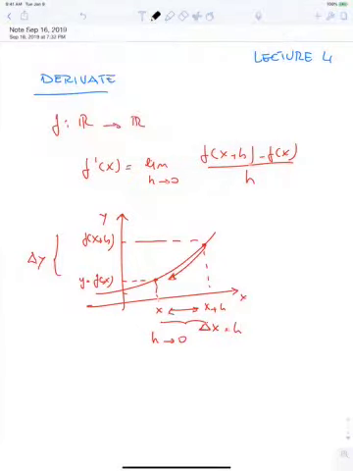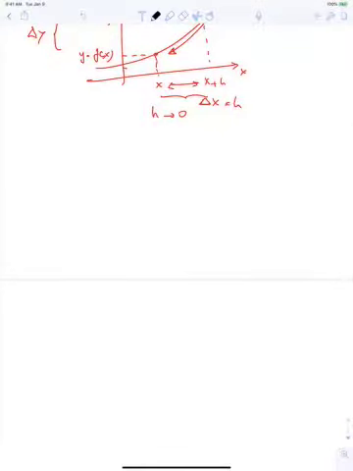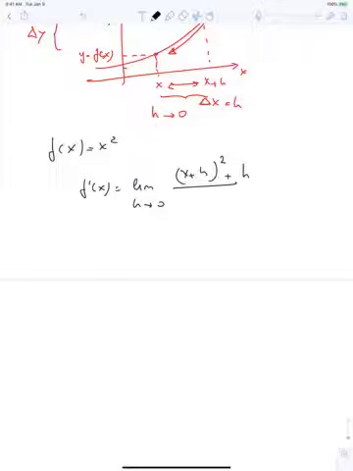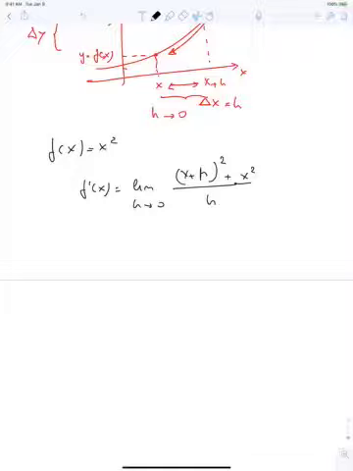So if we take, for example, the function f of x equal x squared, then f prime of x is equal to the limit for h that goes to 0 of x plus h squared minus x squared divided by h. Well, this quantity is x squared plus h squared plus 2hx.